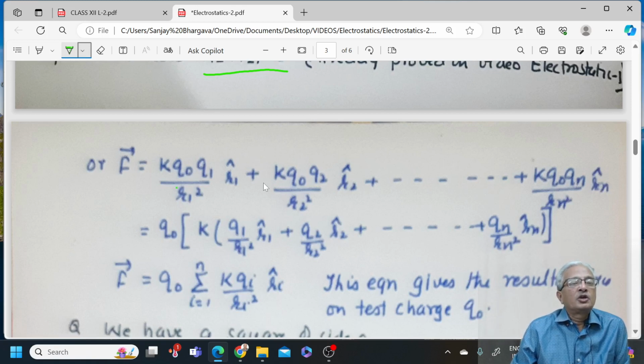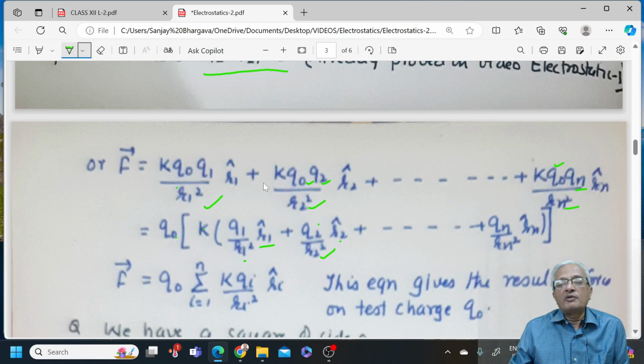Now let us utilize Coulomb's law to calculate the force on Q0. It would be kQ0Q1 upon r1 square, plus kQ0Q2 upon r2 square, plus kQ0Qn upon rn square. Here Q0 is constant, k is also common, so I can write Q1 upon r1 square, direction given by r1 cap, Q2 upon r2 square, direction given by r2 cap, Qn upon rn square, the direction given by rn cap.